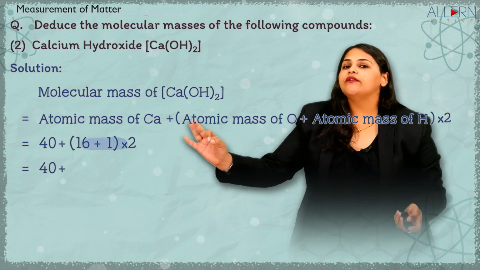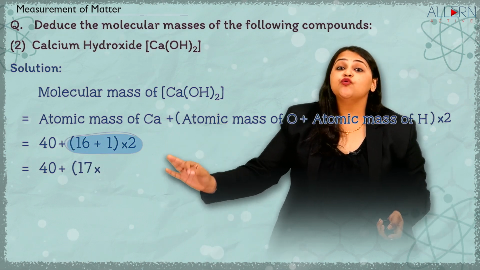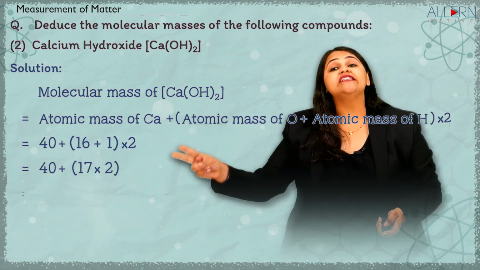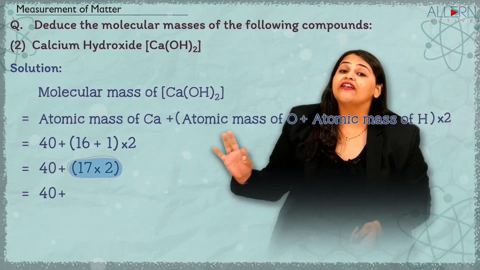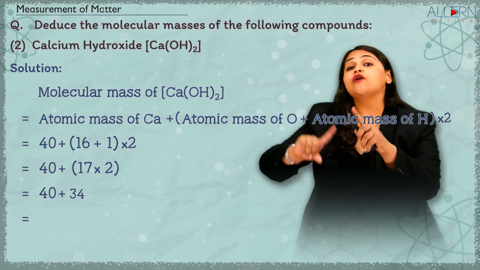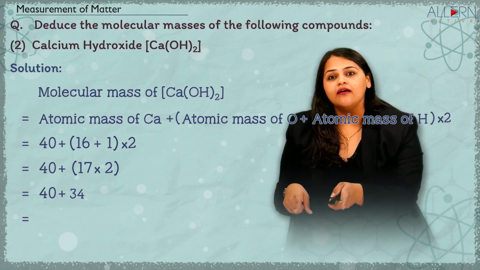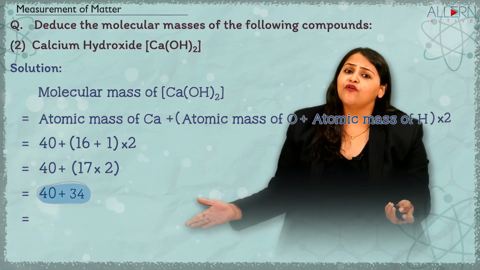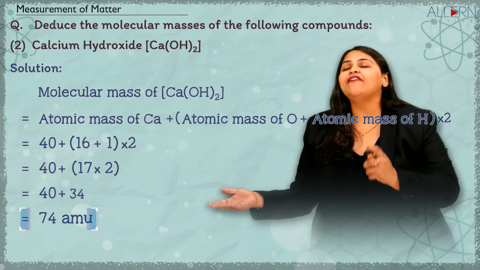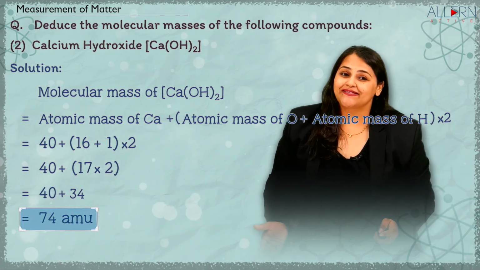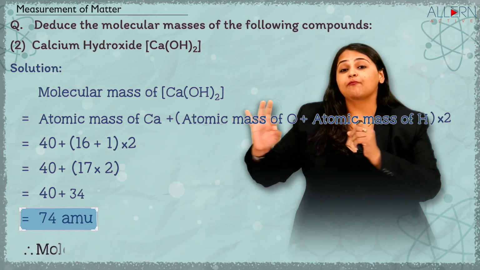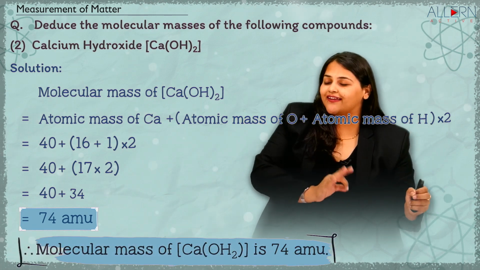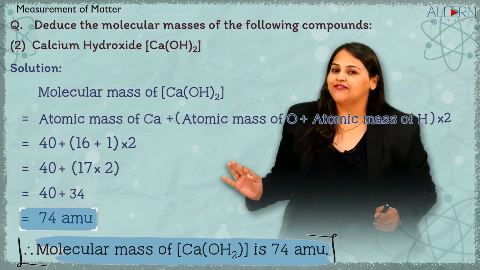Very simple. So we'll write down 17 into 2. 17 twos are how much? 34. Wonderful. So we'll write that down first. So we'll solve the brackets again. It's 34. Now simply add up 40 plus 34. That is 74 atomic mass units. So my dear child, you'll conclude the answer as the molecular mass of calcium hydroxide is 74 atomic mass units.